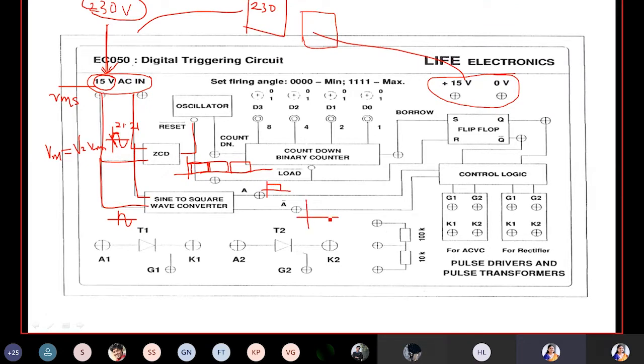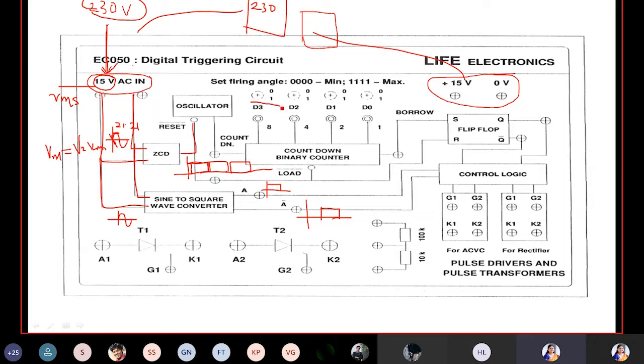A dash is its complement. During negative half cycle, it will get converted into square wave and its complement will be appearing here. For oscillator, the reset signal will be coming from this side. As soon as the supply crosses 0, the oscillator will get reset.